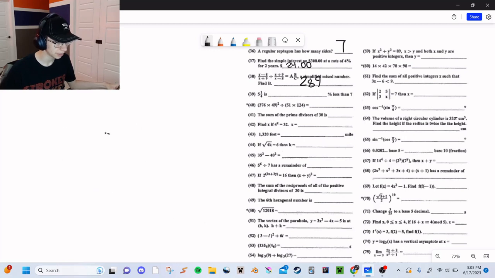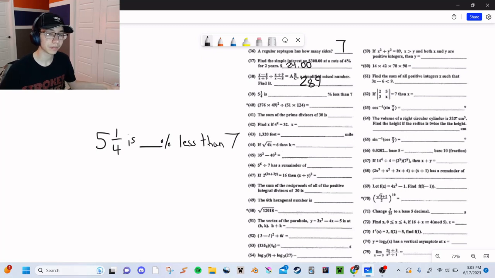So in this question, we have 5 1/4 is blank percent less than 7. So how can I turn the 5 1/4 into a number that's nice, a whole number? I can multiply by 4, get rid of that fraction.